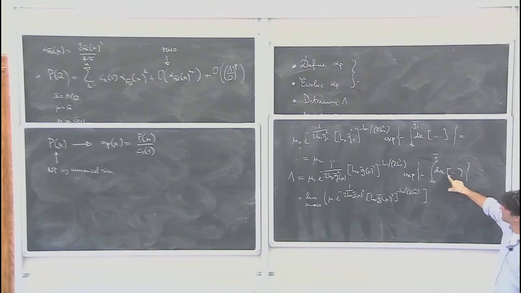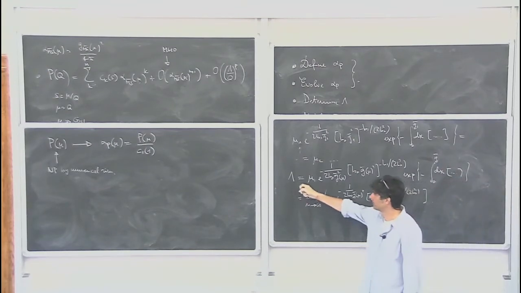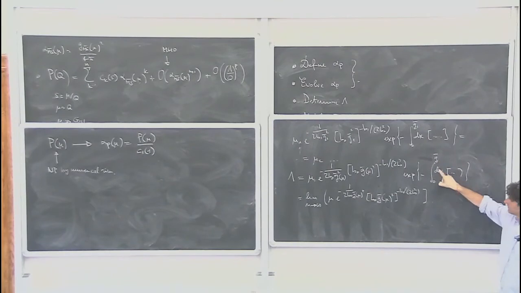So for this expression to give us an accurate value of lambda, we want to use it at high energies, where the perturbative beta function that you stick in here is a good approximation of the true beta function of the theory.